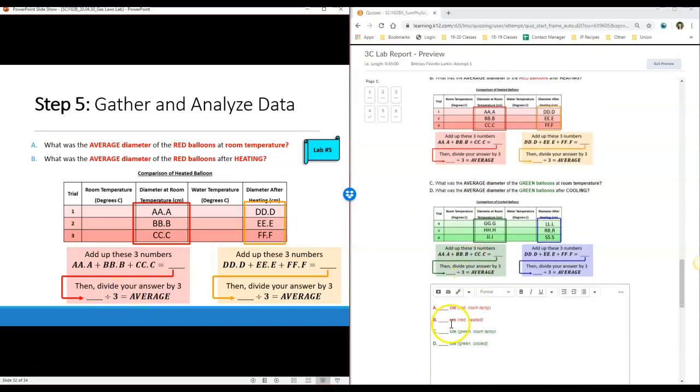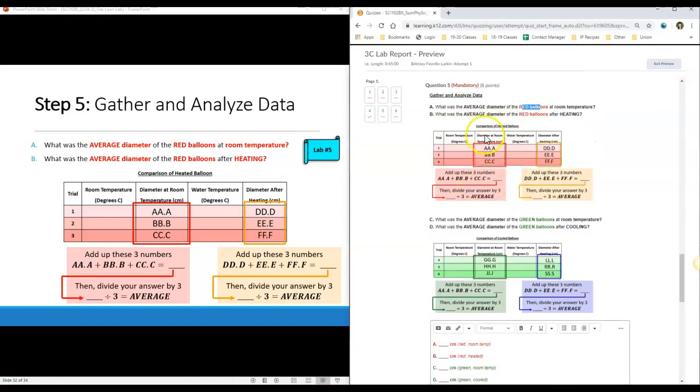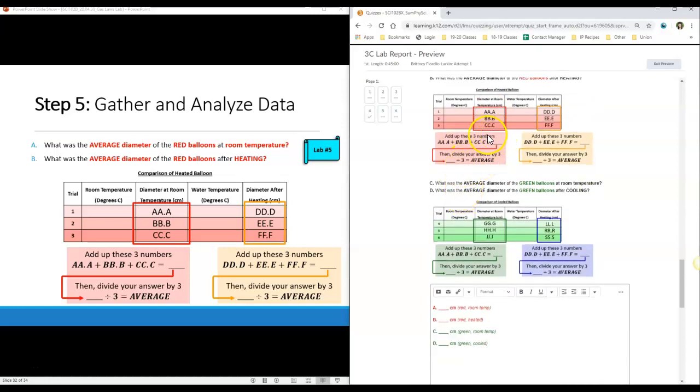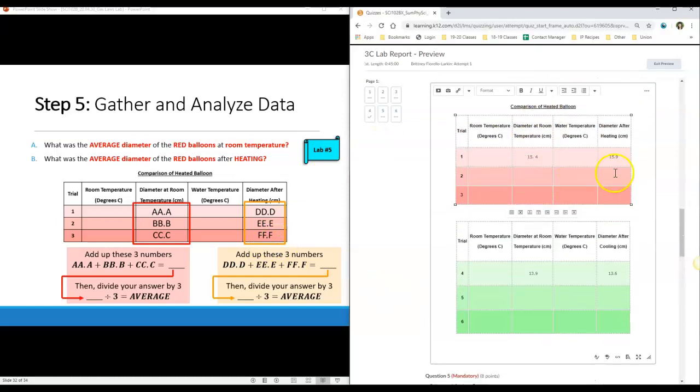To find the average diameter of the balloons at room temperature, take the 3 from the room temperature boxes, add those together to get the sum, and then divide by 3 to get the average. So first add them, then divide by 3. Same thing then for the diameter after heating: take those 3 numbers, add them all up, and once you have the sum, divide by 3, and that's your average. All of your averages should be around our numbers, so around 15 something.